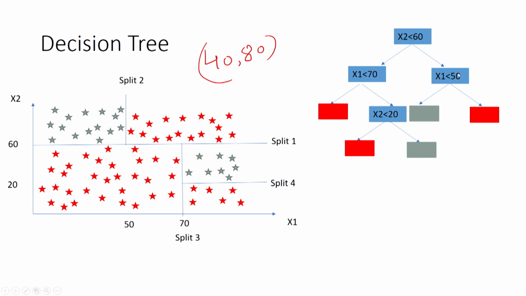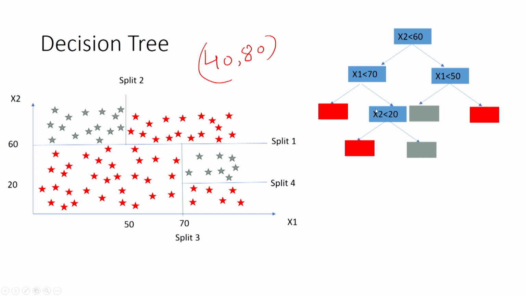Then we check if x1 is less than 50. x1 is 40, so yes, x1 is less than 50. We go here, and we get a leaf node, which suggests that the class of this instance should be green. In this way, during testing we classify the new instance.